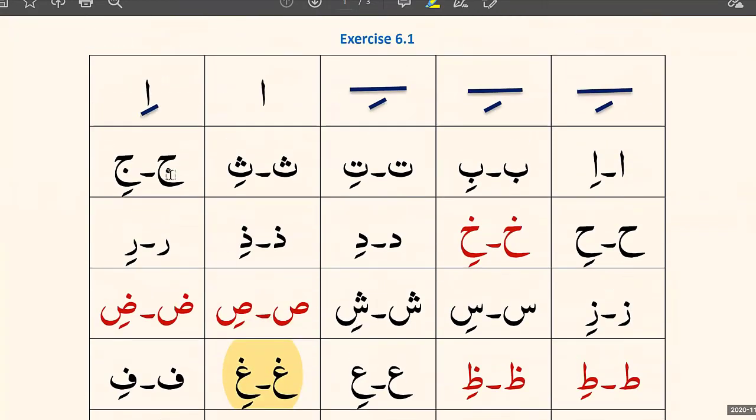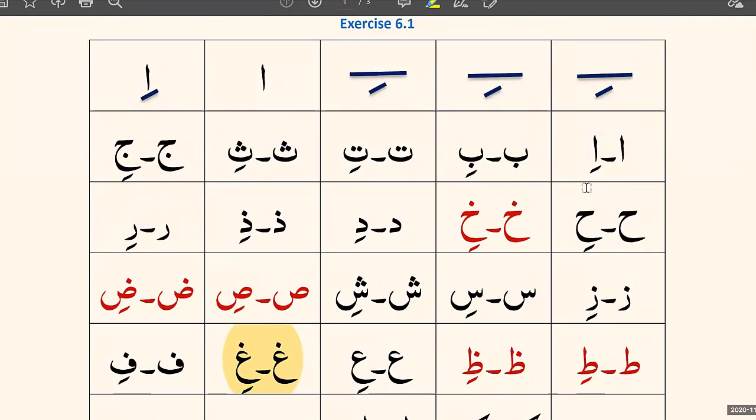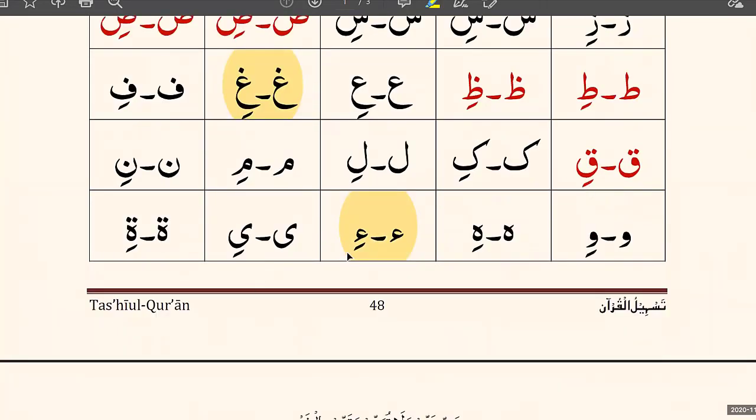For example, here in the first box of the second row, this one E, and this Hamza below with Kasra E, identical voice, identical sound, and no difference at all. A difference in shape and form, but absolutely no difference in pronunciation.